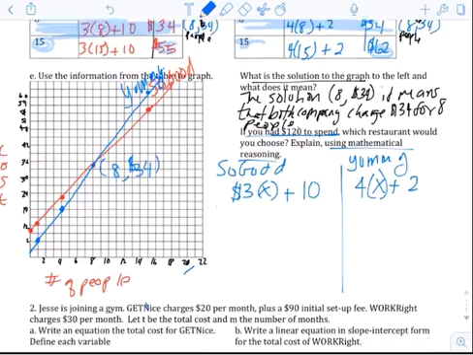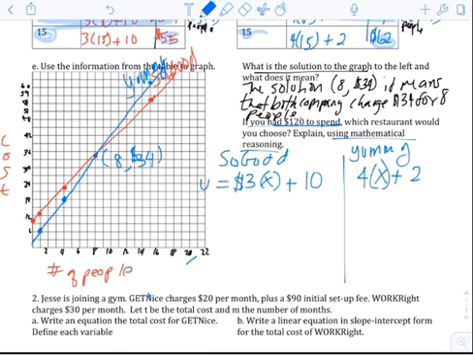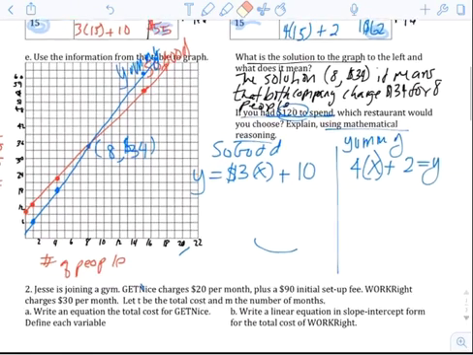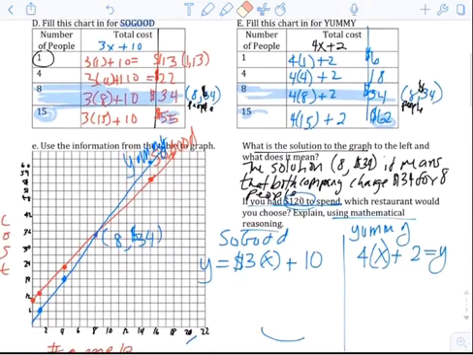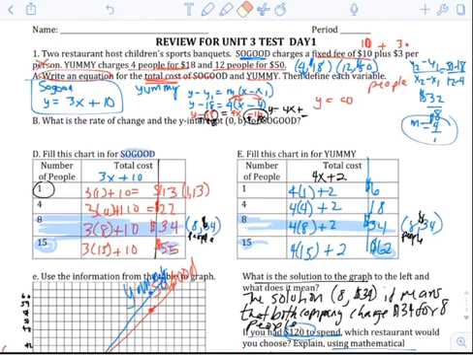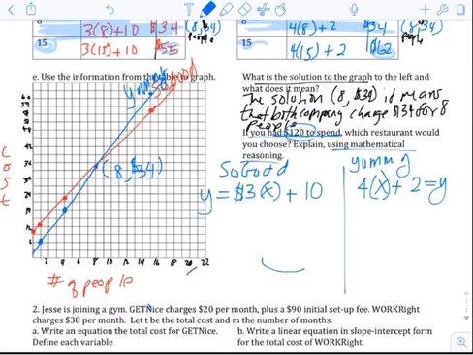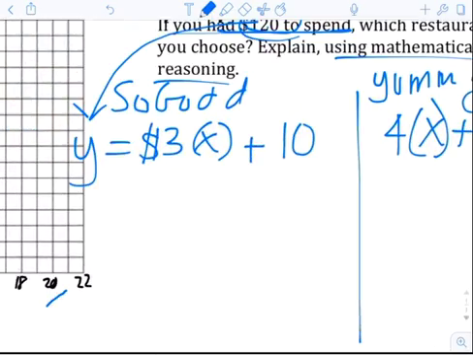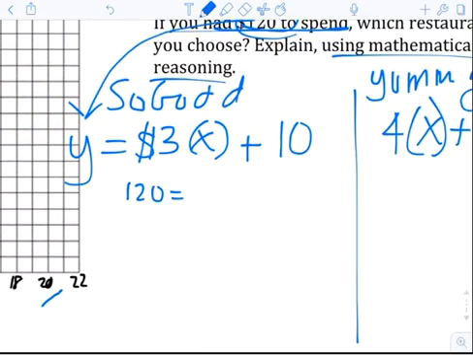Okay, so if you had $120, that's the cost. X is the number of people. Y is cost. If you go back and look up here, Y is the cost. So you put 120 in where Y is. So your problem is 120 equals 3x plus 10.